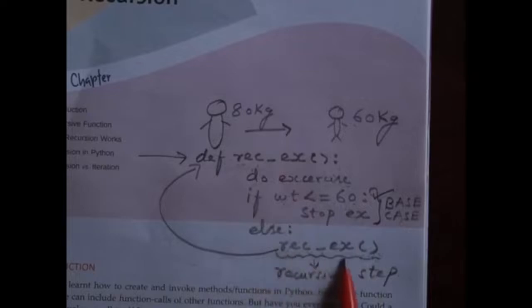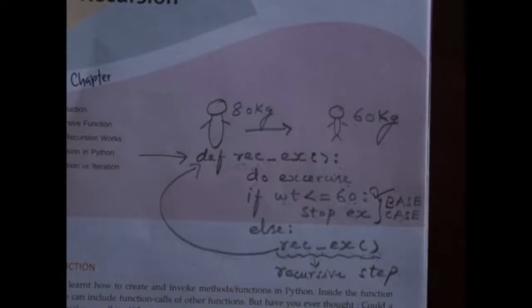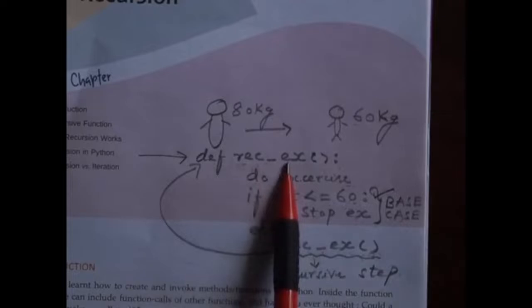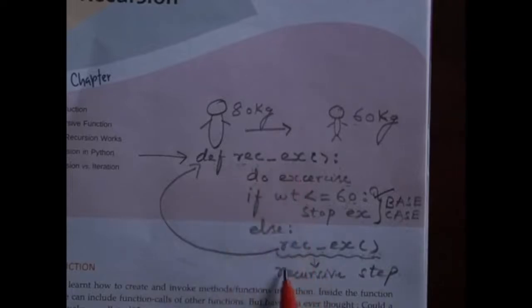That function call statement is nothing but recursive step. Understand? Once again I will repeat. This is a function definition. Inside this there will be a calling statement with the same name, and this calling statement is nothing but recursive step.